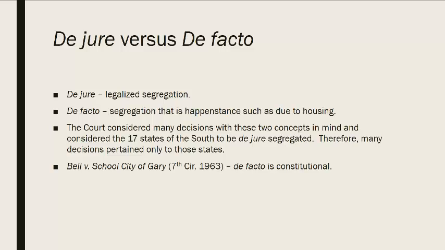And in 1963, going back before the Civil Rights Act, the Green case, the Seventh Circuit Court in Illinois, I believe, Gary, Indiana, but I believe the Seventh Circuit is out of Illinois. This is an appellate decision. Stated that de facto segregation is constitutional.